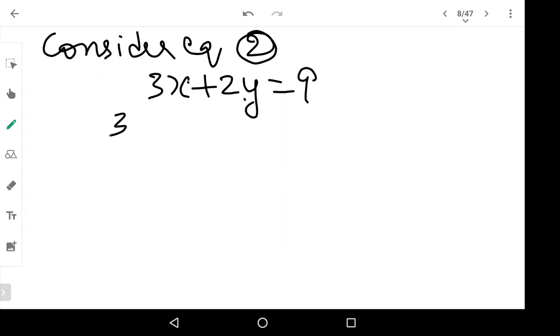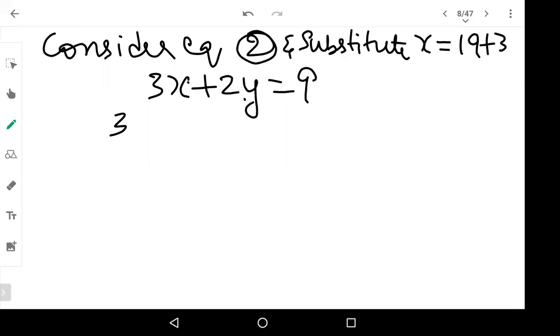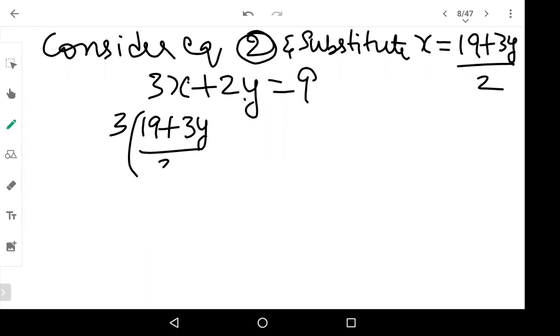Let us write that down also. Consider equation 2 and substitute x is equal to 19 plus 3y by 2. So in the place of x, I am going to write 19 plus 3y divided by 2, plus 2y is equal to 9.